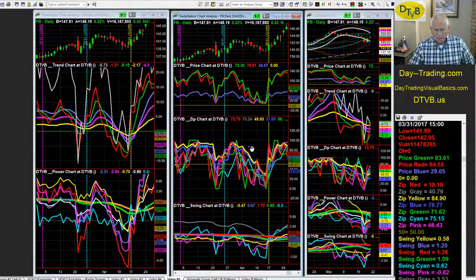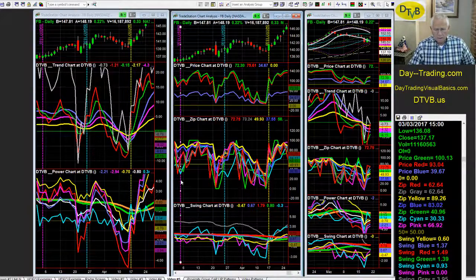Now, in each of these examples, I've set up the line on the very first day that the Zip Cyan was lowest. In the pink line, we just have Zip Cyan sticking its nose out and becoming the lowest, and Zip Cyan is at 30 at this point.